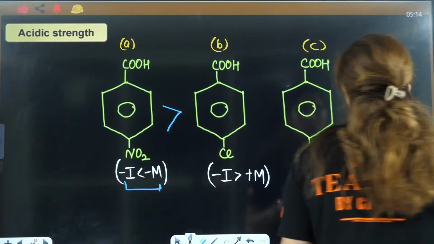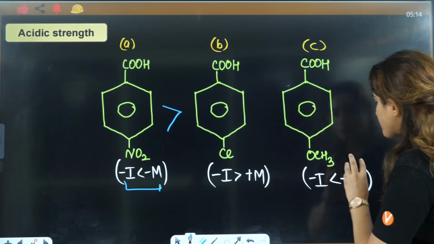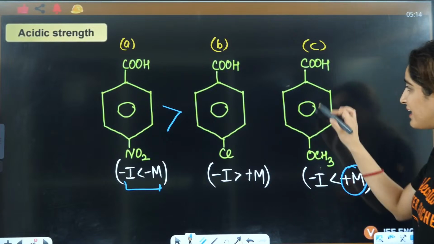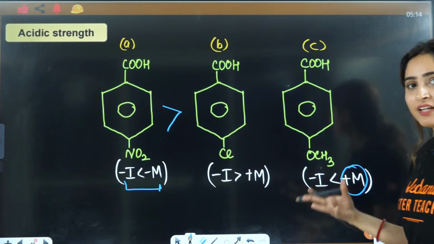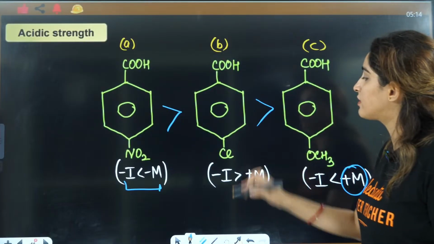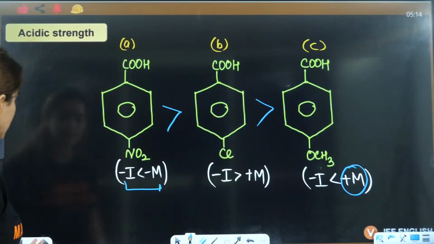Here plus M is more dominating, right? That means you are providing the electron. When you provide the electron, you destabilize. An electron donating group destabilizes it. So the answer will be this. Okay? The answer will be A, B, C.